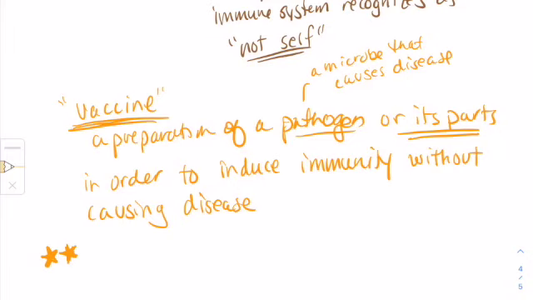Anywho, a vaccine is a preparation of a pathogen or its parts in order to induce immunity without causing disease. So, for example, the polio vaccine. The polio vaccine is given to people in order to prevent them from getting an infection with the polio virus and not getting that disease.